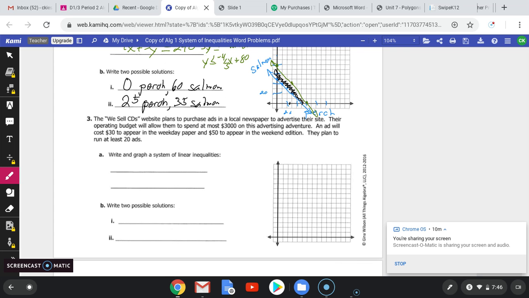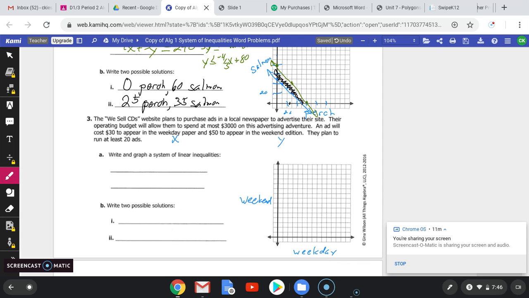Now, in this case, the x and y are your weekday paper and your weekend edition paper. So, weekday, weekend. Again, the whole thing is ads, but it's a weekday and weekend.